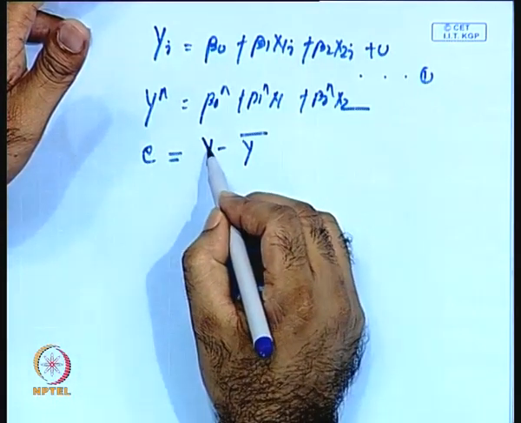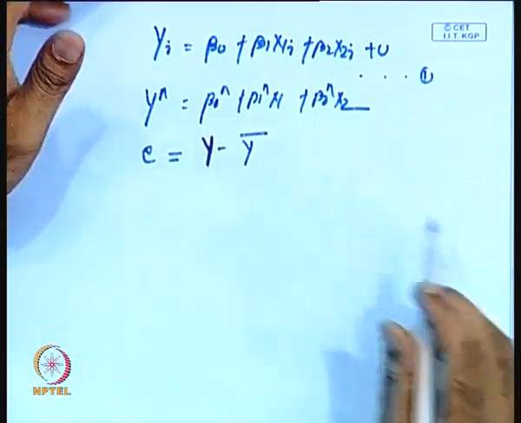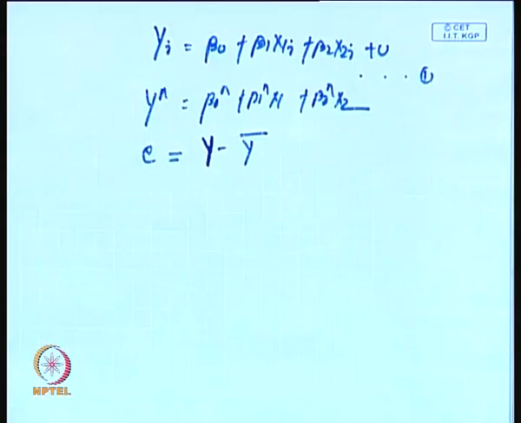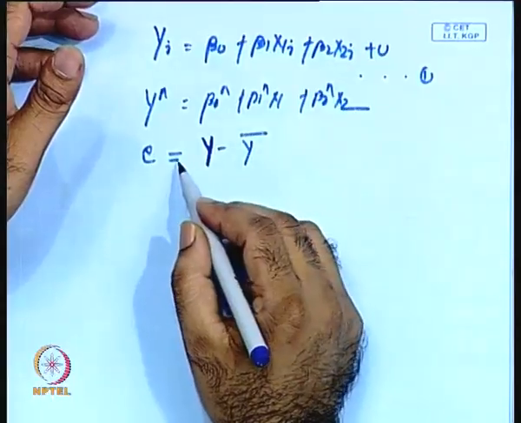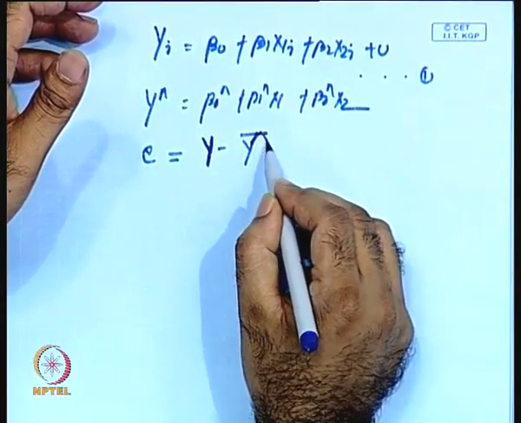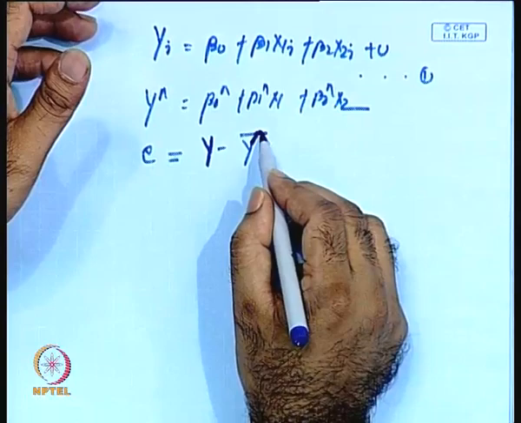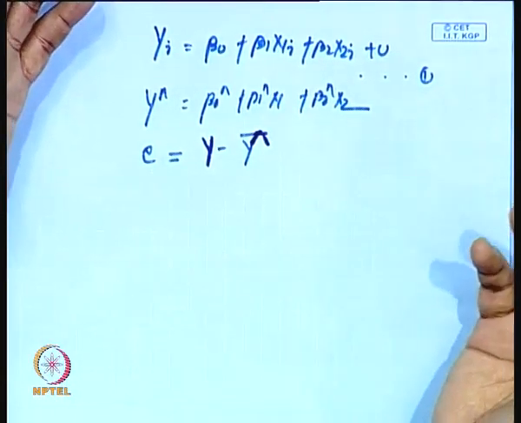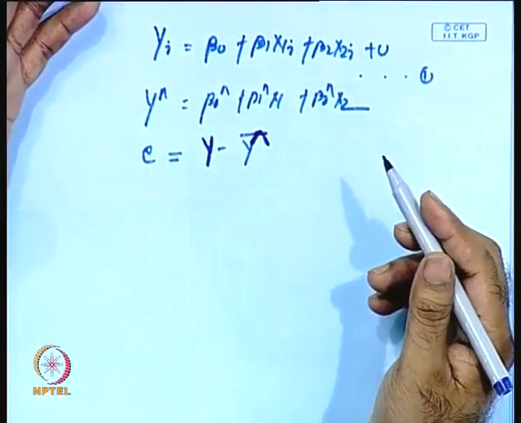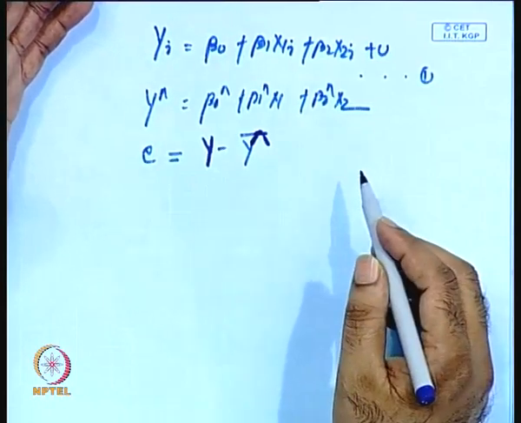The moment we get the error component, which is the difference between the original setup and the estimated setup, this is nothing but y minus not y bar, it is y hat. Y bar is a mean, but here we have to subtract the estimated value from the original.